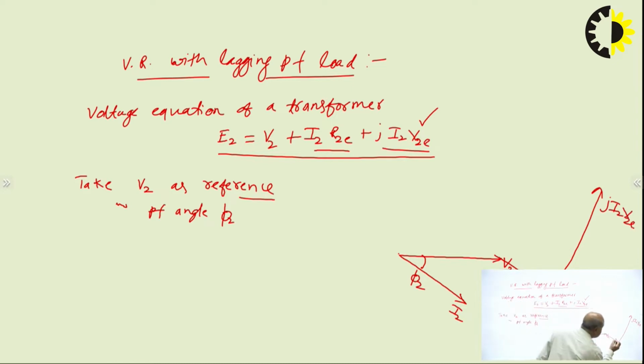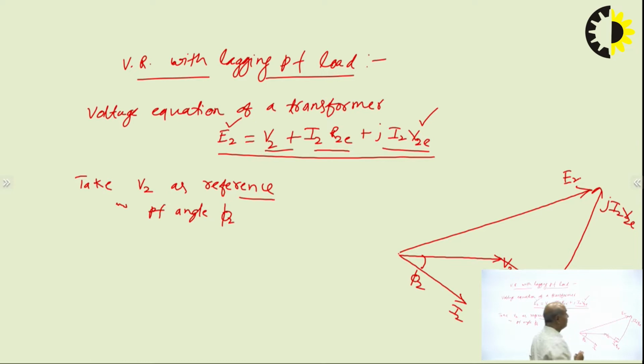This angle is 90 degrees. Now, in V2 we have added I2R2E, and we have also added j I2 X2E, and the sum of all these is our E2. So this is our E2.